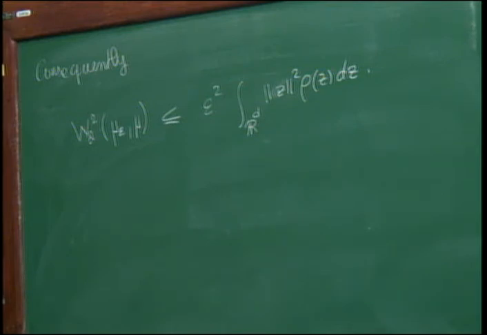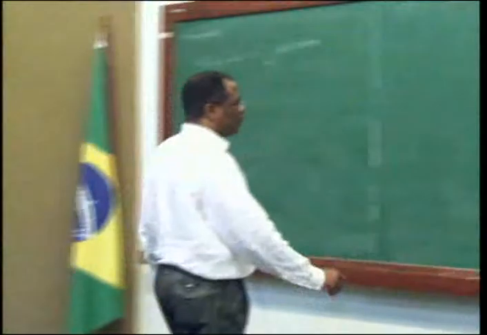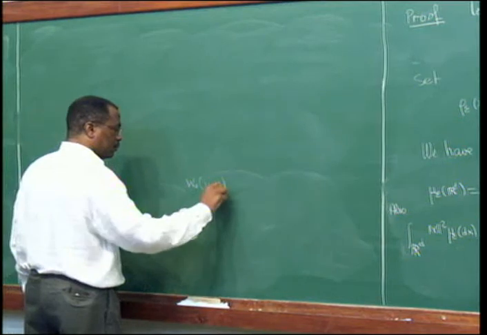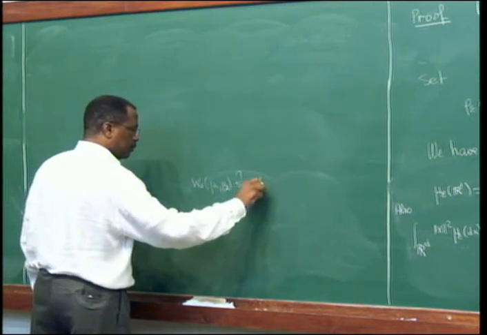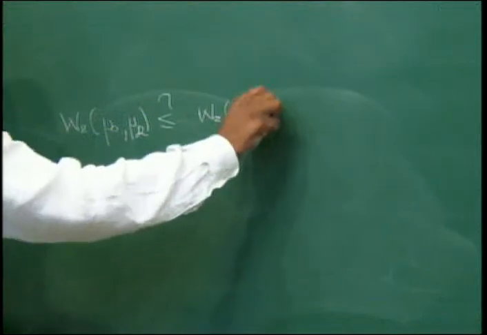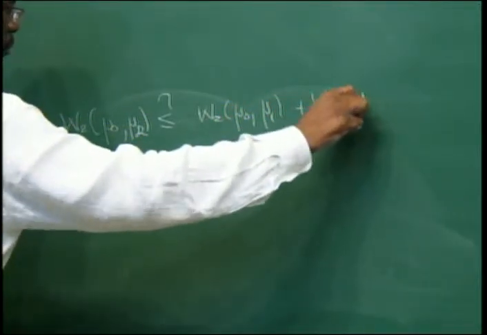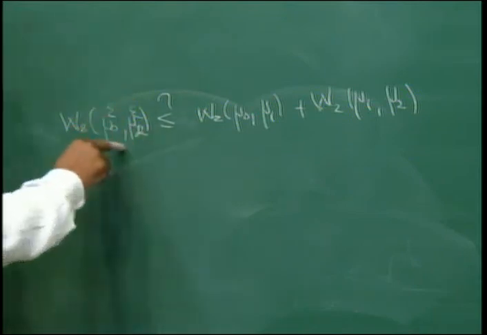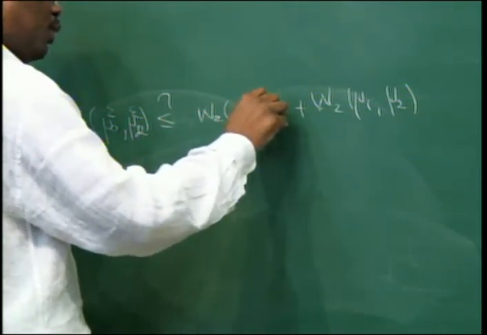Okay, so once I have done this, when I want to prove the triangle inequality, it is enough to prove it for smoother functions. So if I want to show that this is true, I am going to approximate mu naught by mu naught epsilon, mu 1 by mu 1 epsilon, mu 2 by mu 2 epsilon.